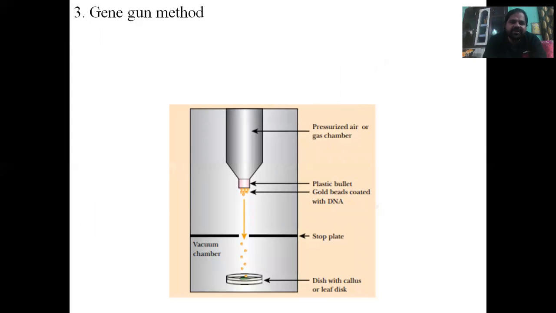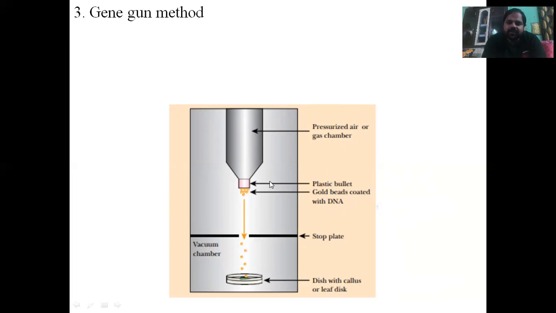The third is the gene gun method. We can see here that there is a gun-like structure which has a particle bullet, and this particle bullet contains gold beads. So we coat our recombinant DNA with these gold or tungsten beads, and after bombardment of this particle directly onto the cell, what happens?